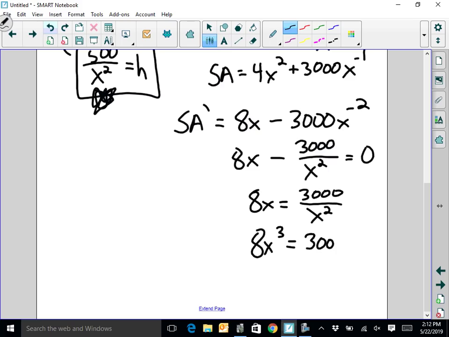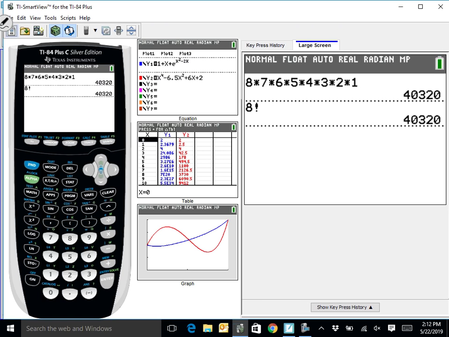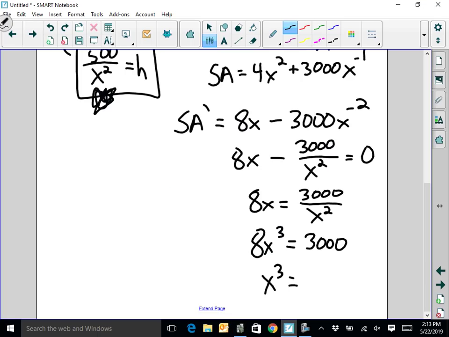Now I want to divide by 8. Here's where I'll use my calculator. 3,000 divided by 8, I get 375. So I know that x cubed must equal 375.